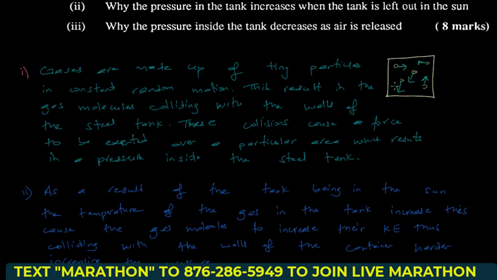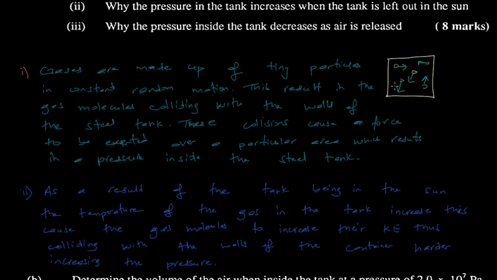Because the gas would have heated up, its temperature will increase. We can remember that temperature is just a measure of the average kinetic energy. So if the temperature increases, the average kinetic energy of the gas molecules must increase. So therefore, the gas molecules are going to be moving about faster. So they're going to collide with the walls of the container harder and more frequently. And therefore, that's going to increase the pressure.